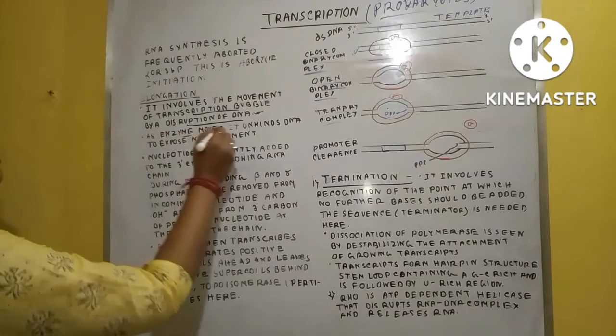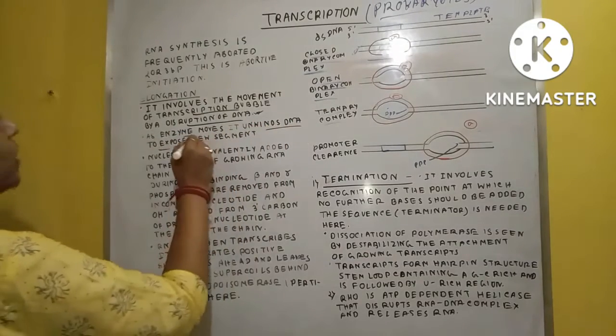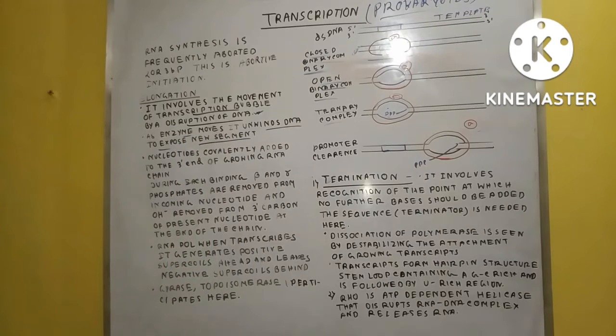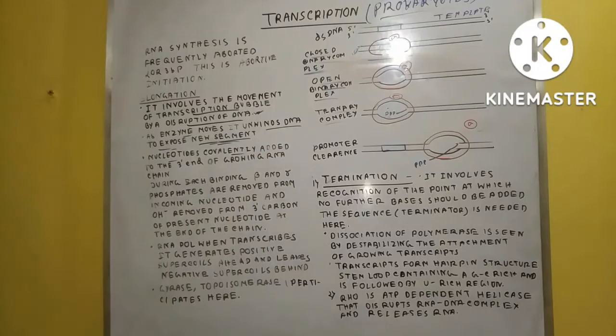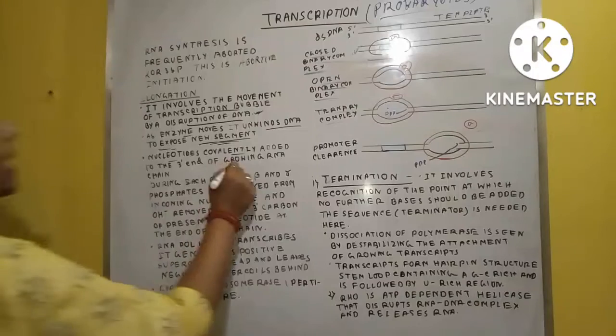Here the enzyme moves and unwinds the DNA to expose a new segment. The enzyme moves in the 5' to 3' direction, so as it moves gradually towards the 3' end, the new segment is exposed. The DNA unwinds slowly and the new segment is exposed. Third, the nucleotides are covalently added to the 3' end of the growing RNA chain.